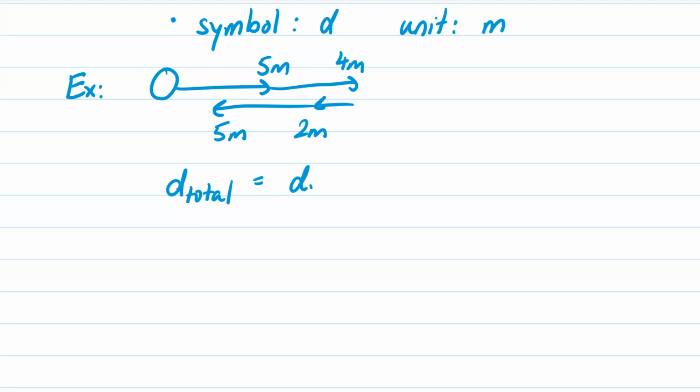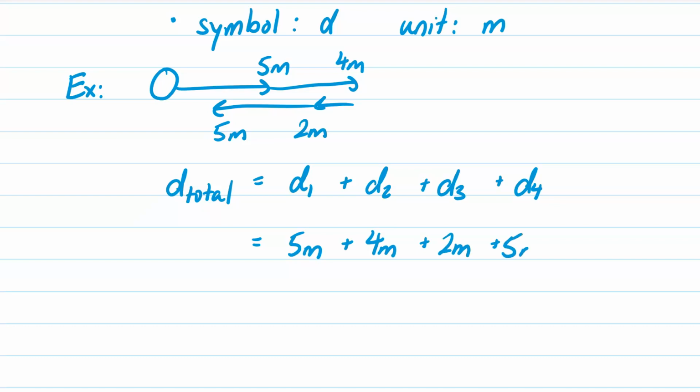D total would be the first distance, the second distance, the third distance, and the fourth distance. Putting numbers there, the total distance was 5 meters, add to that 4 meters, add to that 2 meters, and add to that another 5 meters, for a total of 16 meters.